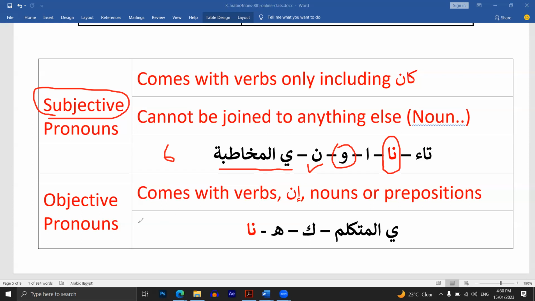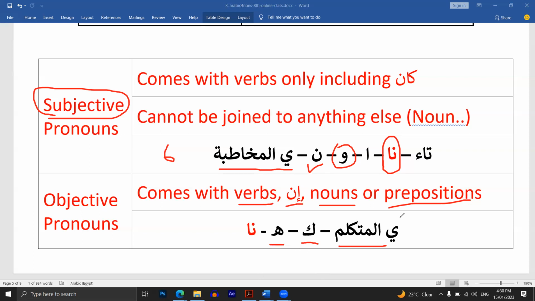Second, objective pronouns. They come with verbs, inna, nouns, or prepositions. So we have 4 cases here. يا المتكلم, this is used for first person if it's singular. كاف الخطاب, كا, we will see it in some examples now.